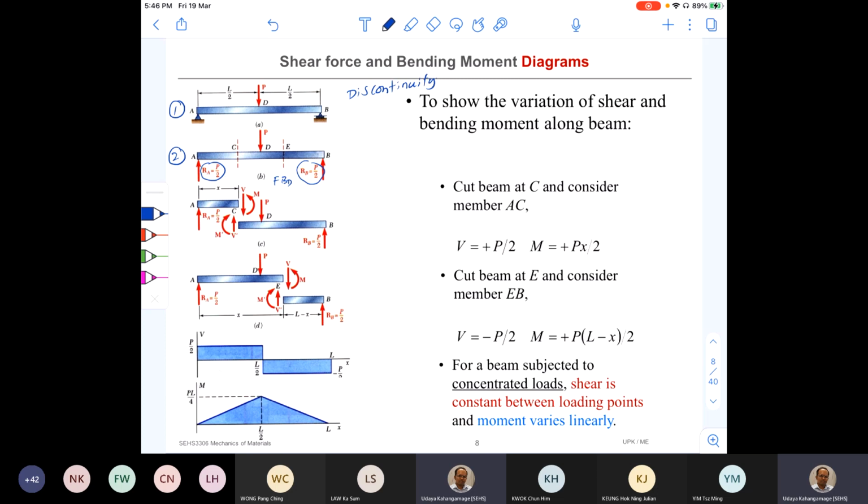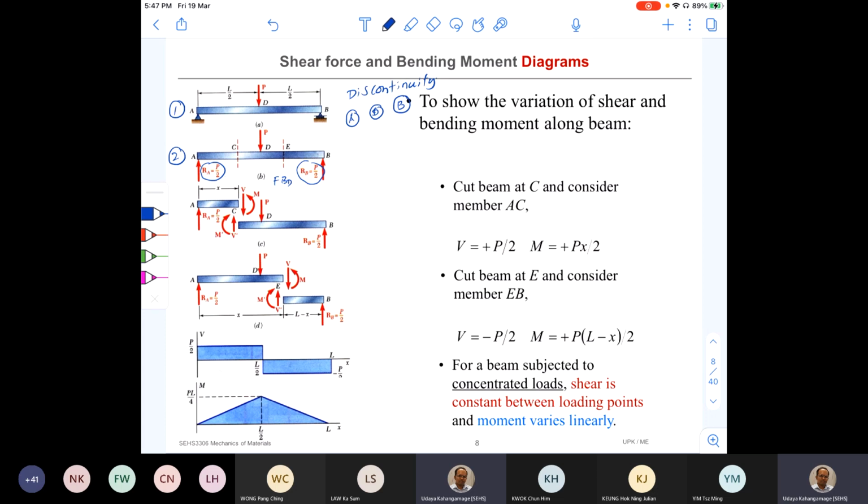In this diagram there are three discontinuities: at A, at D, and at B. Between A to D and D to B, the variation of shear force and bending moment is going to be continuous. Therefore, in order to define this variation, we need to write the shear force function and the bending moment function from A to D first, and next, D to B.